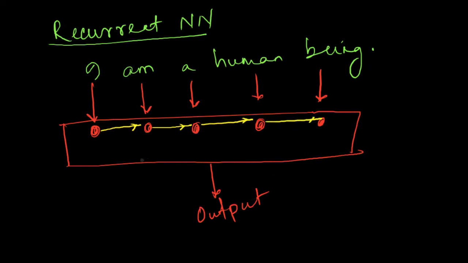So instead of the information just flowing from the input to the output through the hidden layer in one direction, we also pass information along this direction, so that the temporal information from the first word can pass on when the last word is also being processed, so that the relationships between different parts of the sentence can be understood in a better manner.